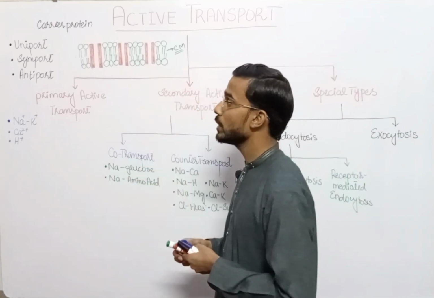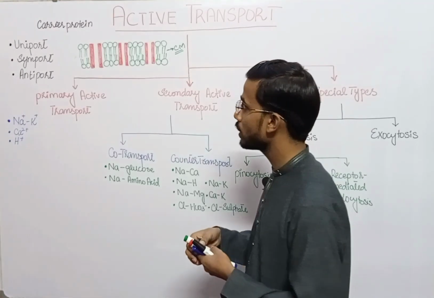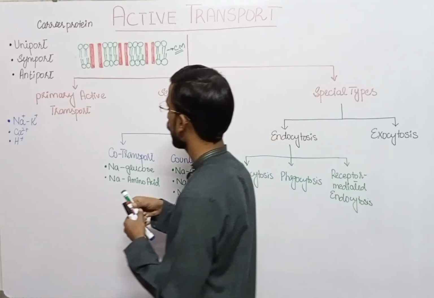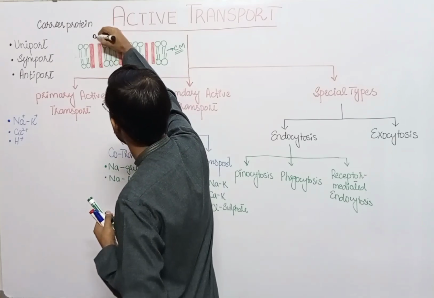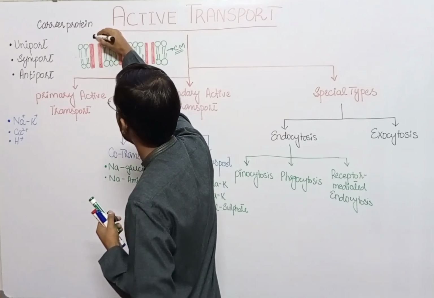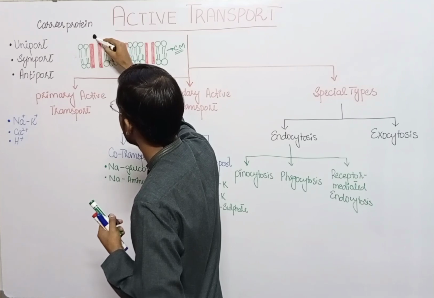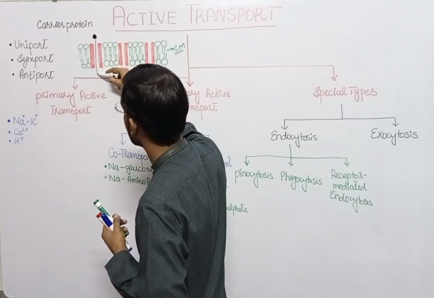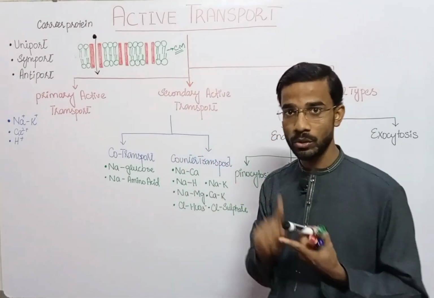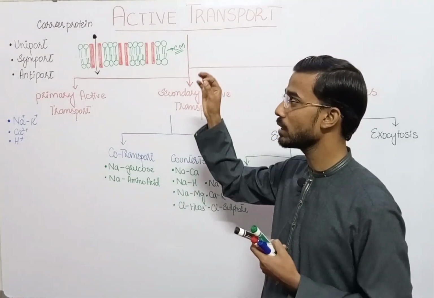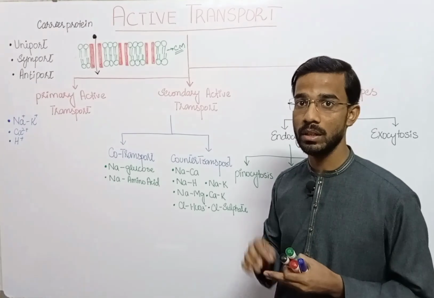In a Uniport carrier protein, one molecule moves across the carrier protein in one direction.